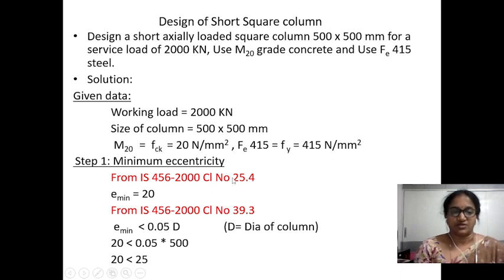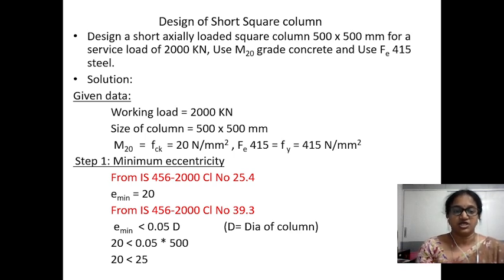Now coming to step 1, first we have to find the minimum eccentricity. It is taken from IS 456:2000 clause number 25.4. So e minimum is equal to 20. From the same IS 456, clause number 39.3, e minimum should be less than 0.05 D, where D is the dimension of the column.